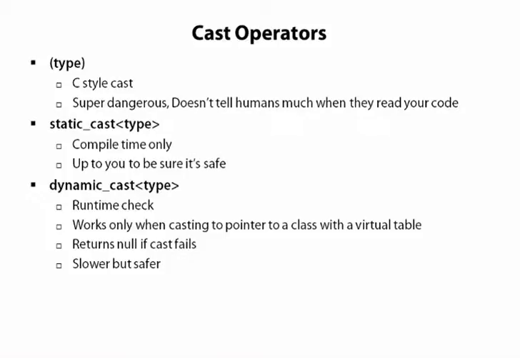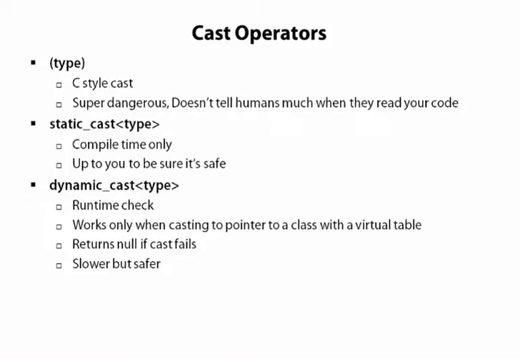And you can test against a null pointer. If you're trying to cast to a reference, it'll throw an exception. That's okay too. They're slower to use the dynamic cast, but it's safer. You won't ever misinterpret bits and cause really weird bugs of the kind that you can get when you misuse a static cast.